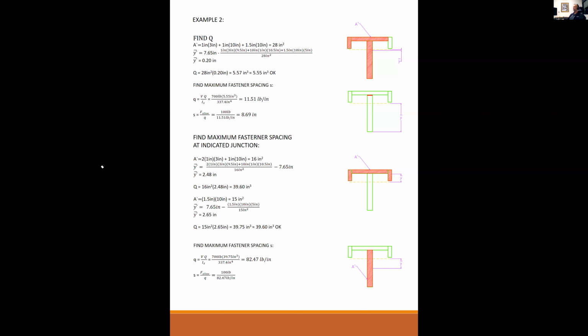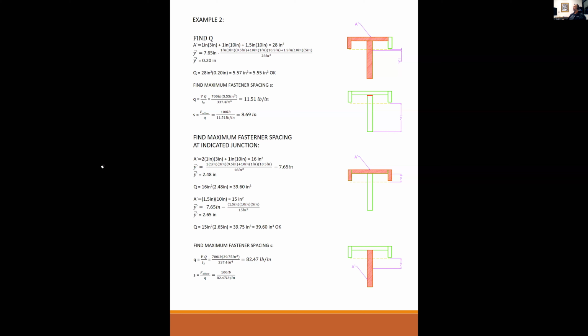Does that make sense? Yes. Okay, that's the spacing between the nails. Whatever is the length of the beam, that's how many nails you're going to need. Yes.